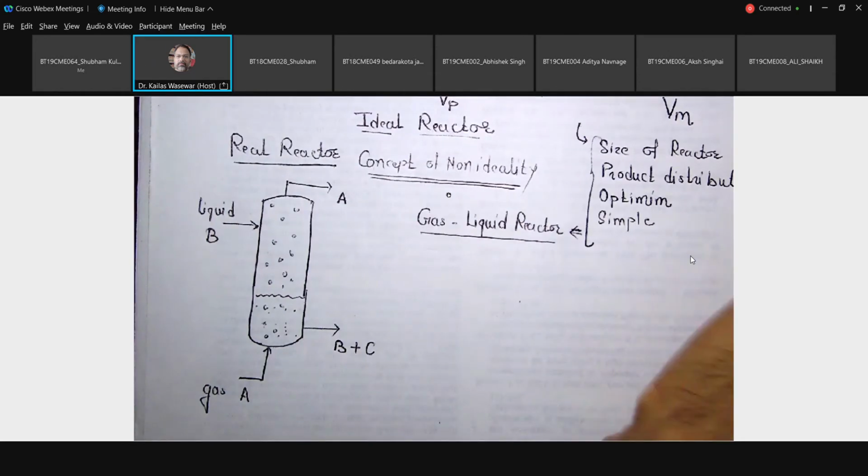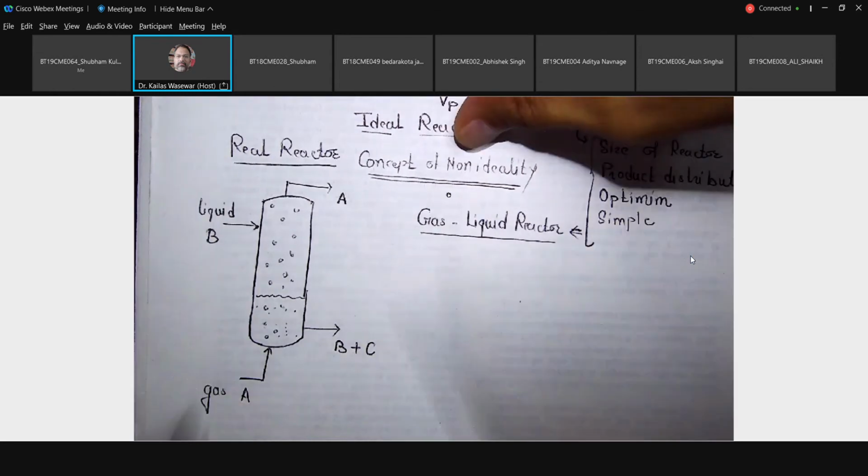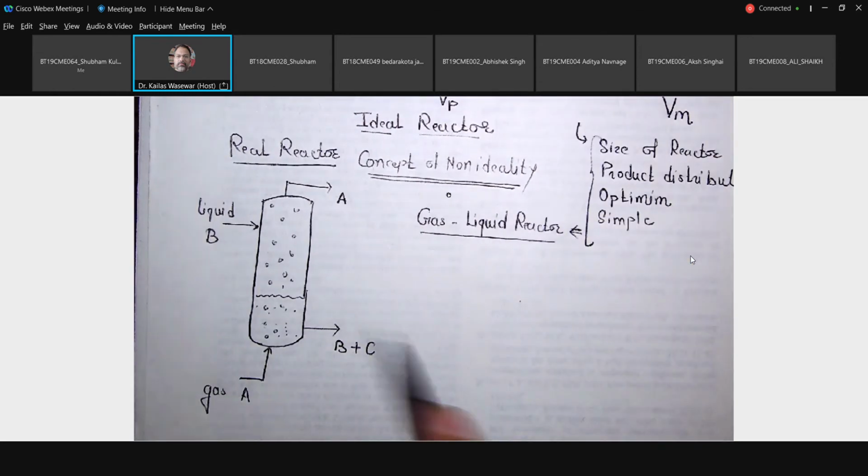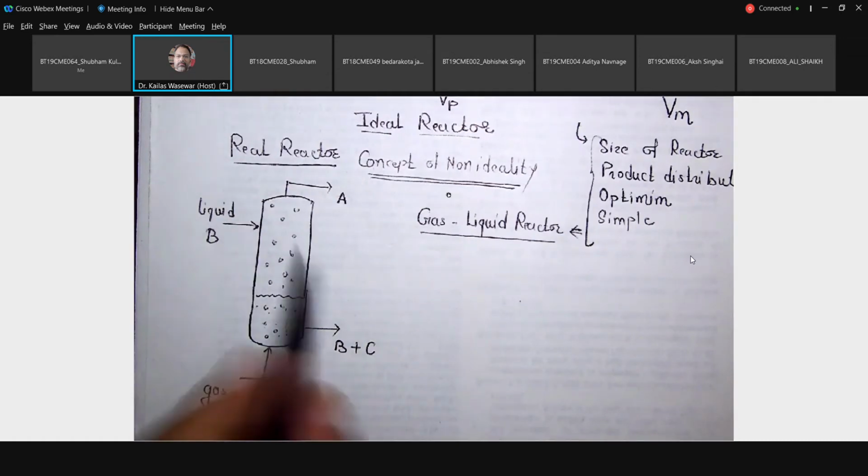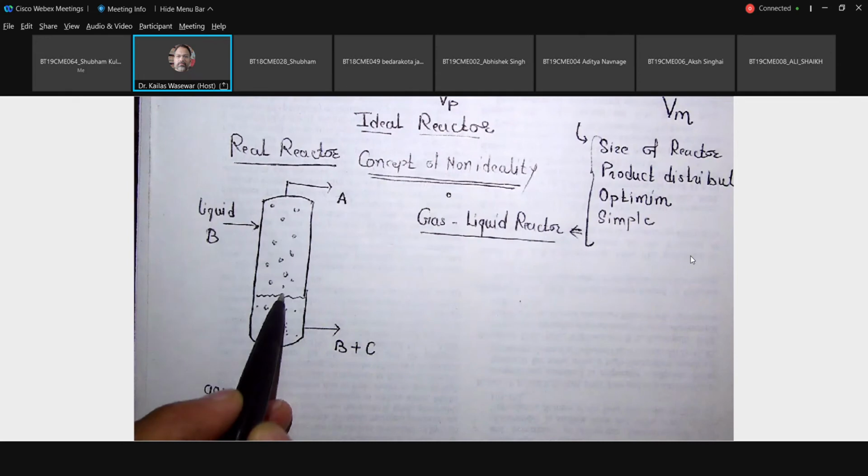What we are doing here, the gaseous reactant we bubble into the reactor, while this liquid reactant is fed through the top inlet, and the reaction will take place on the surface of the bubble, or we can say the gas liquid interface.